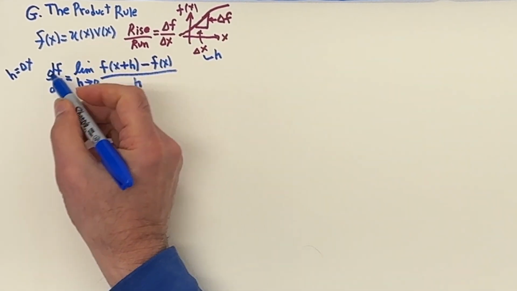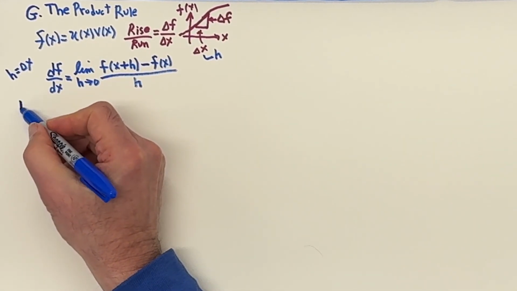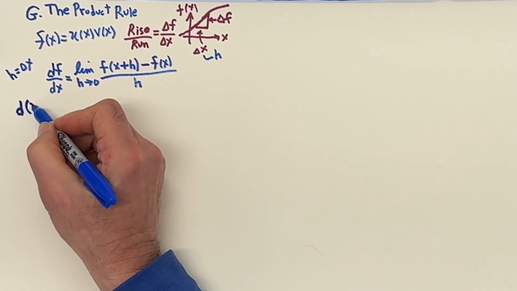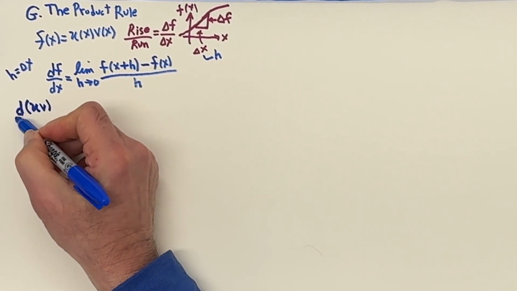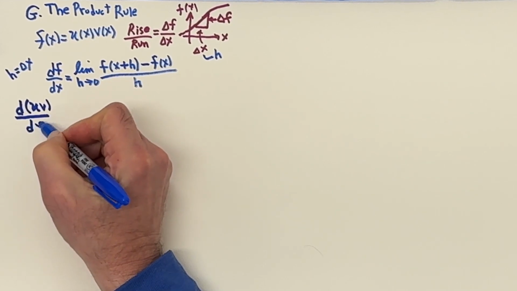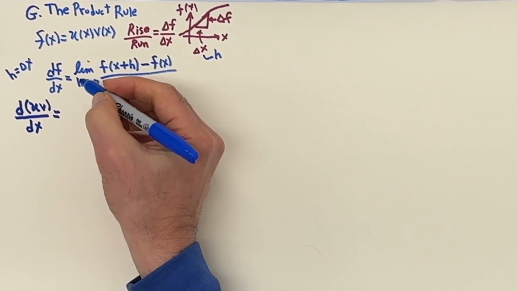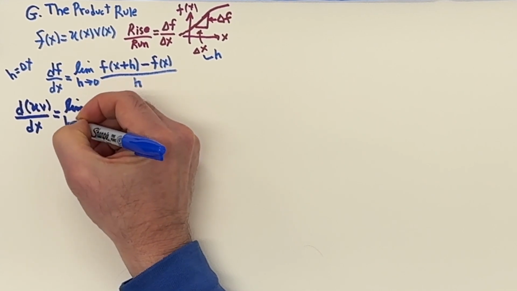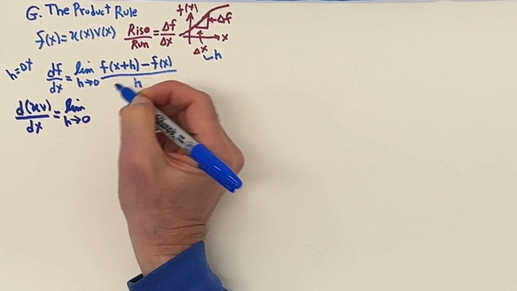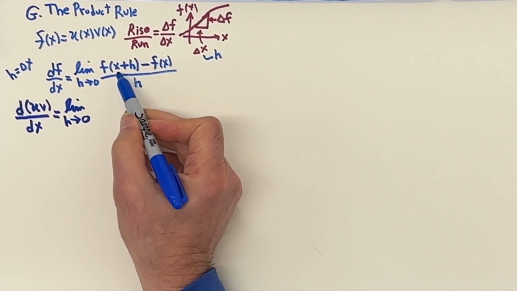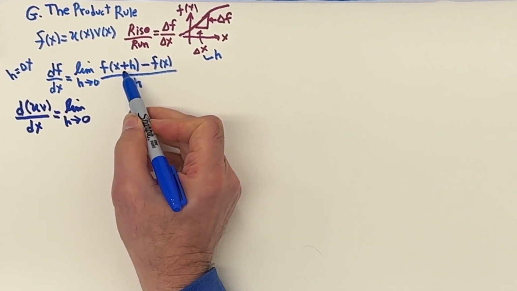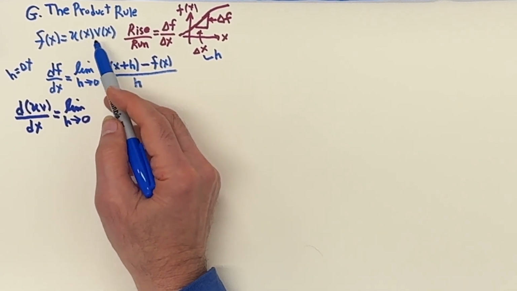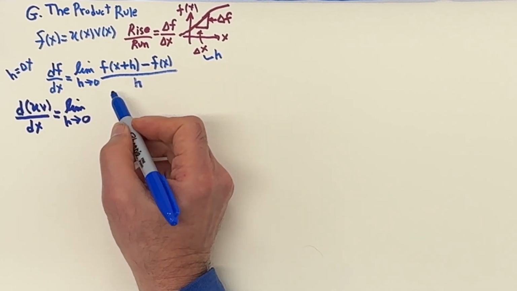So now I'm putting in for the f, we're going to have the derivative of the product uv with respect to x is going to equal the limit as h goes to 0. And now for the x plus h case, we put x plus h in for the x.